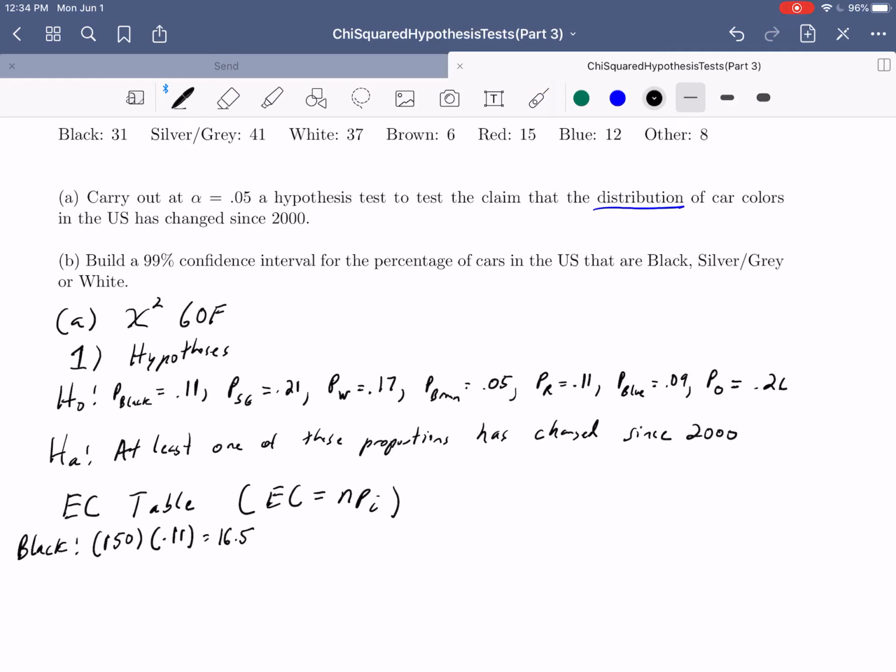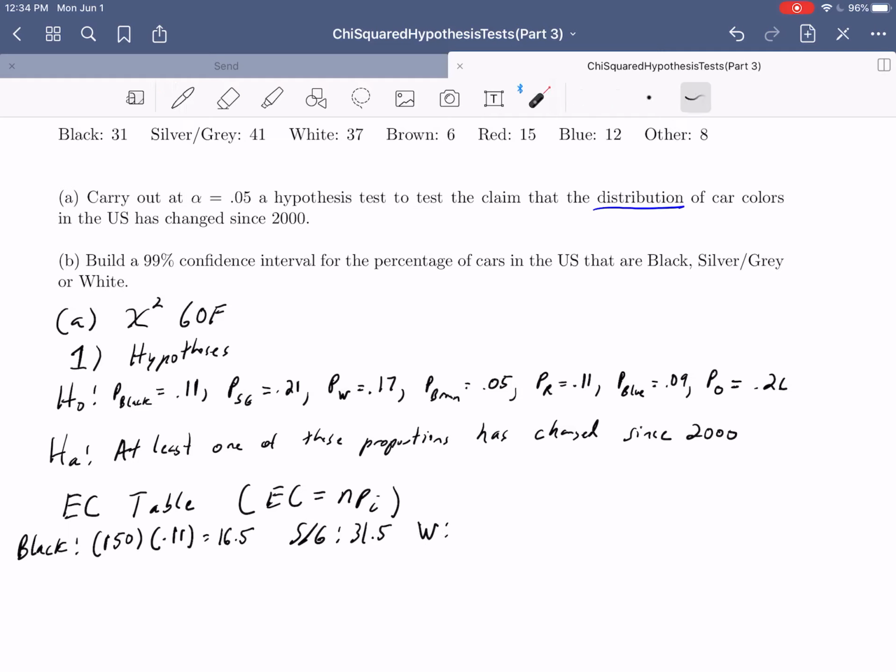Now, the other ones, I'm not going to write out the formula, but we can calculate these as well. So for silver and gray, well, what are we going to be doing here? It's still going to be 150 is our n, but the p is going to be 0.21. So we'll be doing 150 times 0.21, and we should get 31.5. Then for white, again, the n is going to be 150.